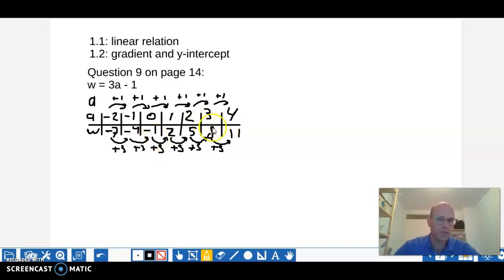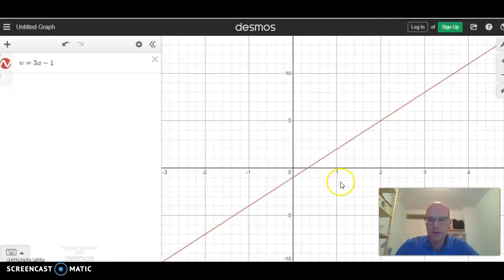If we continue with 9b, plot the graph of the table. I have used my computer, and you can see over here how the graph should look. At 0 the y-intercept is at -1, and then if we go 1 to the side, we go from -1 to 2, so it's an increase of 3.